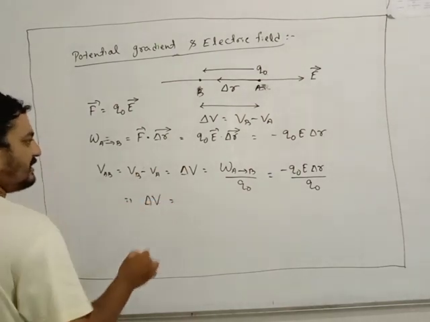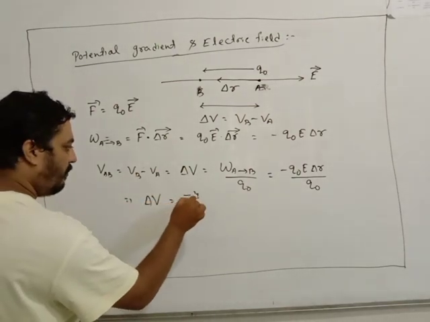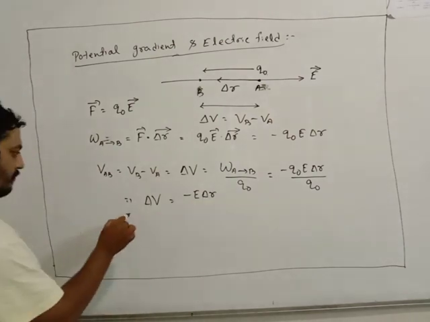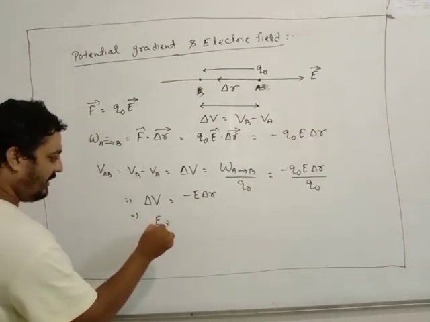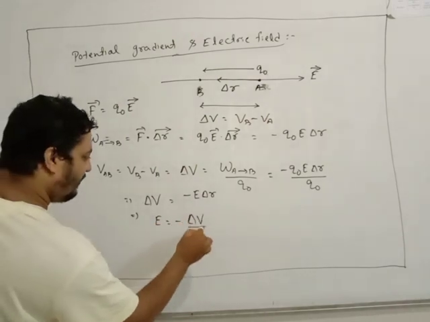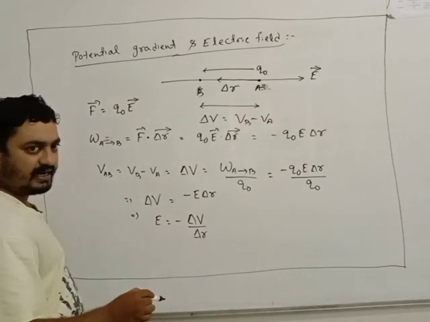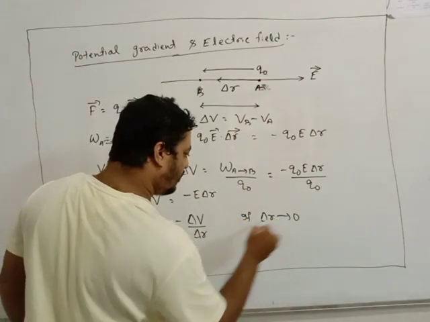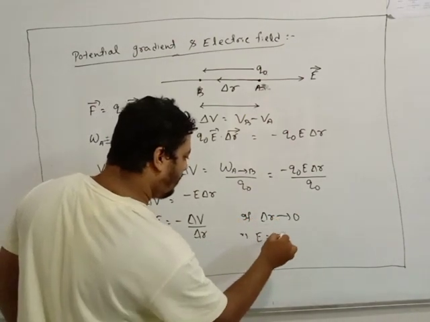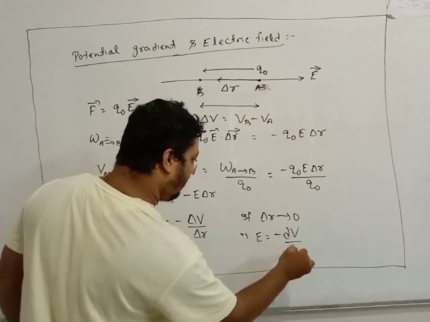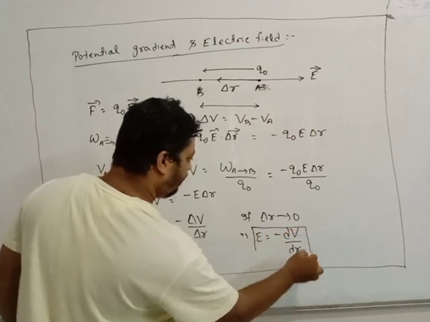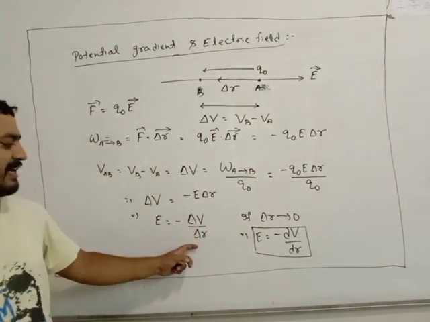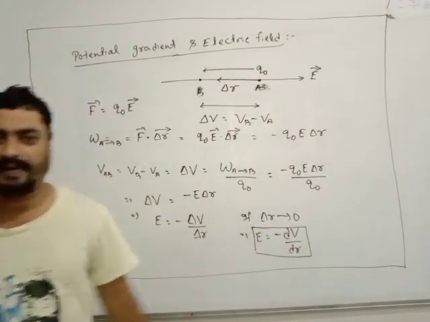That implies delta V equal to minus E delta R. That implies E equal to minus delta V by delta R. Now, if delta R tends to 0, E equal to minus dV by dr, because when delta R tends to 0, delta V by delta R is dV by dr.